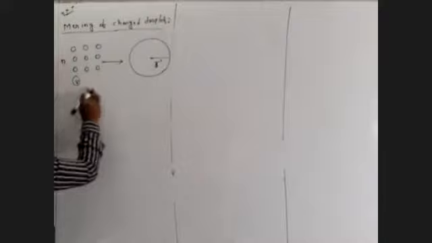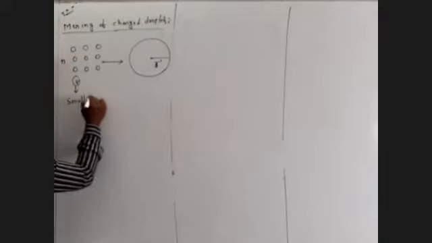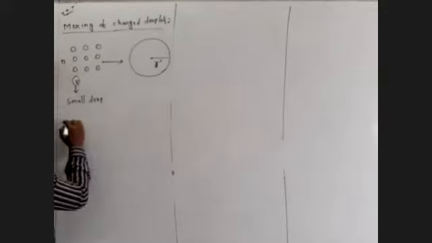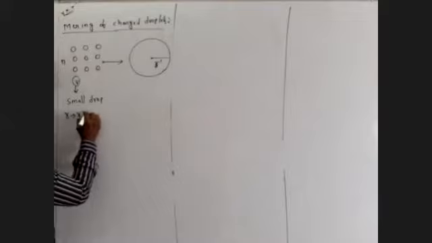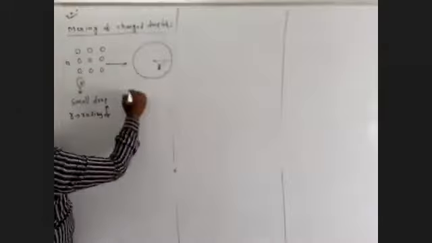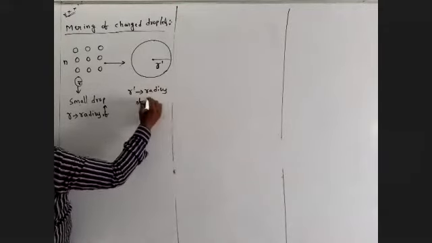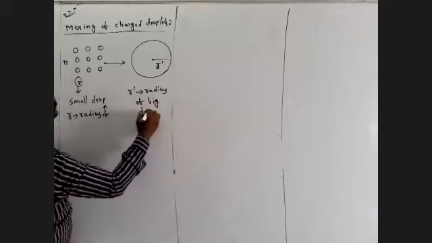R dash is the radius of the big drop. R is the radius of a small drop, and R dash is the radius of the big drop.